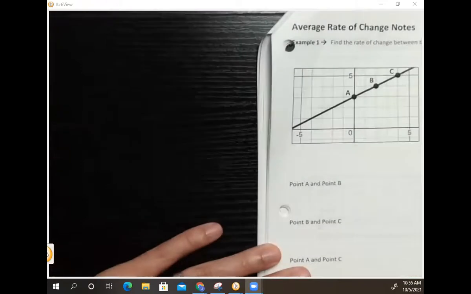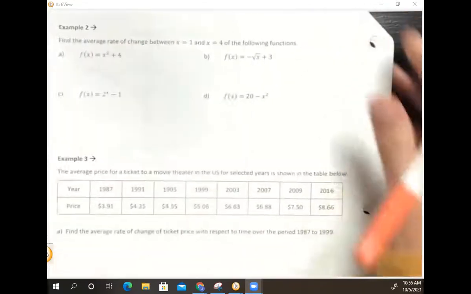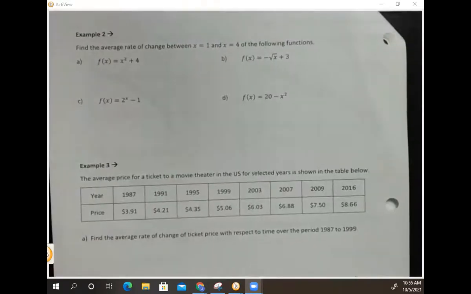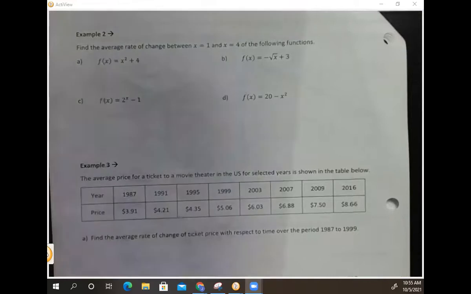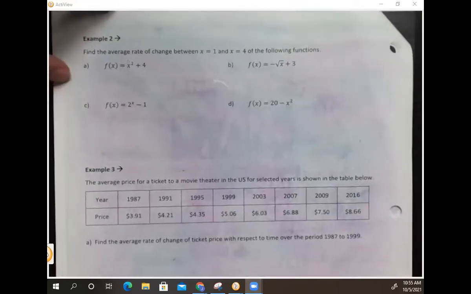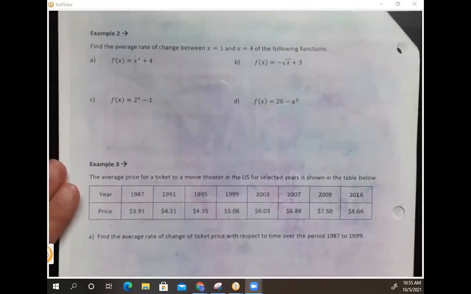Okay, turn the page for me. On page 98, we're going to look at average rate of change or slope. Again, just in some different sort of context, in some different ways. I will tell you that example 2 is going to be our hardest example for today because we'll have an extra step here.